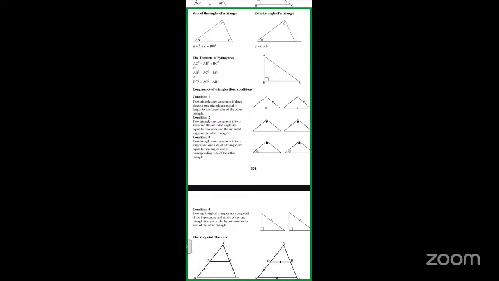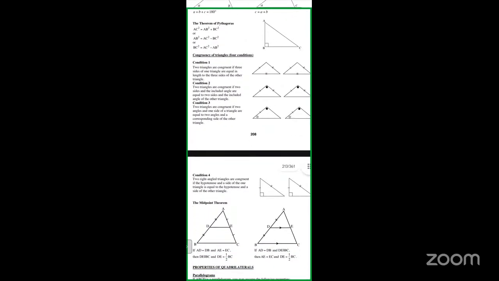If these 2 triangles have equal sides, then those triangles are going to be congruent. Side, side, side, because we focused on sides and there are 3 of them. Okay, then we can proceed to the second condition.